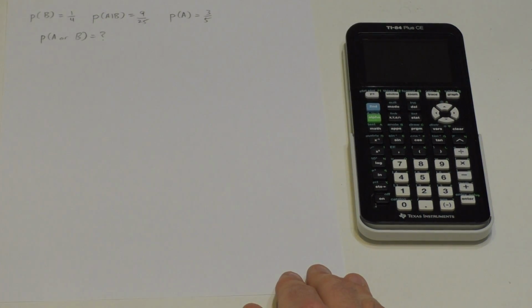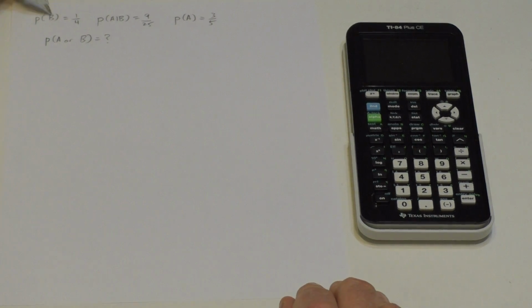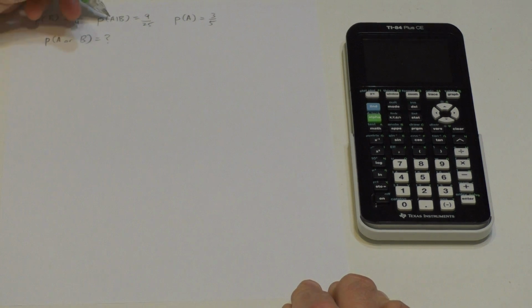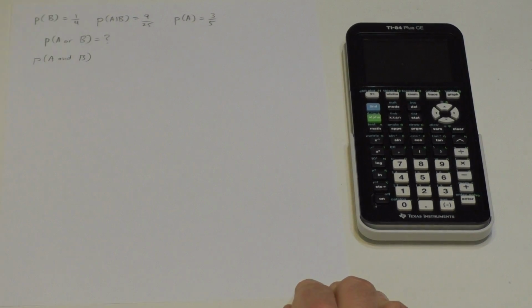Now, finally, let's look at this OR problem. We're given the probability of B and the probability of A, but we need to first find the probability of A and B because that's what we have to subtract off.